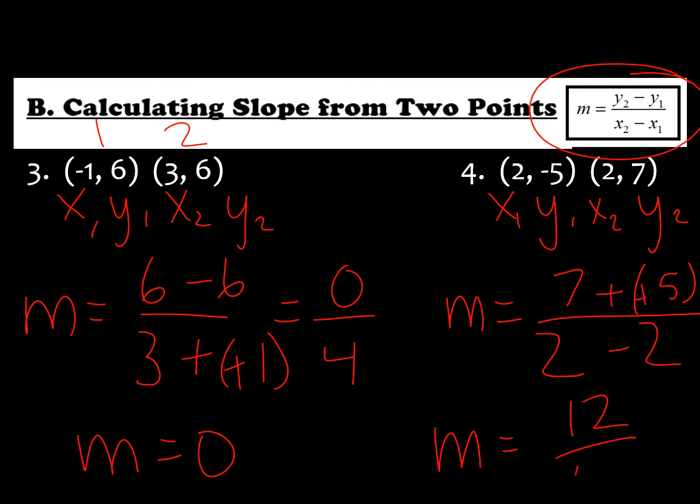So I get 12 over 0, which 12 divided by 0, if you do that in a calculator, it'll say it's an error. So the slope here is, you would write equals undefined. That's that straight up and down line. So this is what happens in your math work if you have the 0 slope and the undefined.